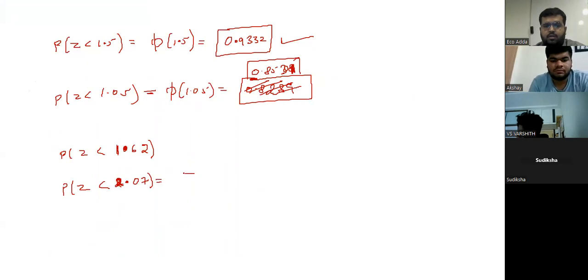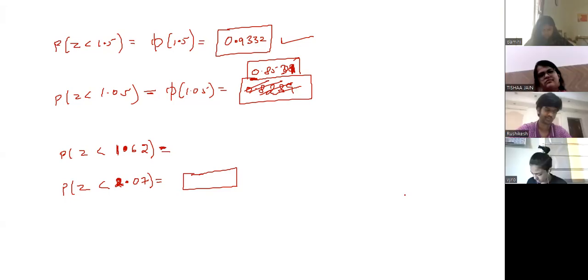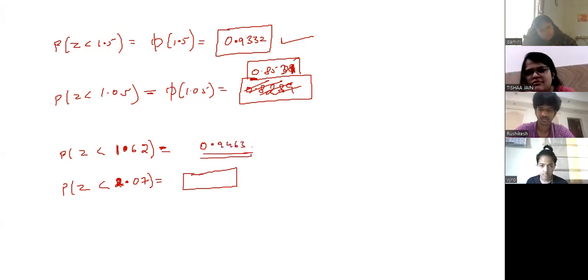So Diksha, now it is clear, right? Sir, the only problem was that I was counting the columns from 1. Correct. Now I'm counting from 0. Absolutely. So, next question, Rushikesh. Sir, it is 0.9463. Are you all getting the same answer?